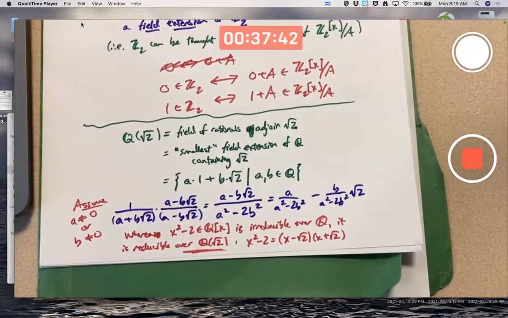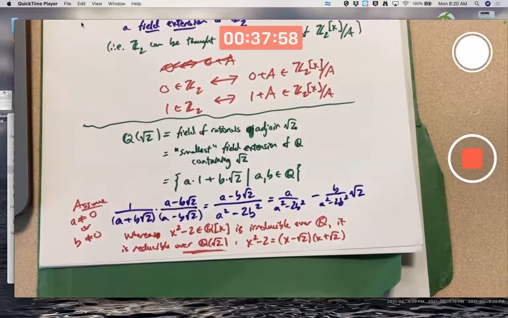And this is the historical origin of field theory, trying to solve algebraic equations. The main theme being keep making a bigger number field where you've got solutions.